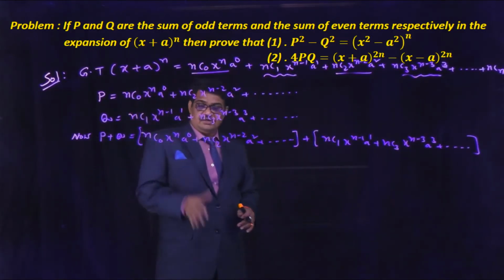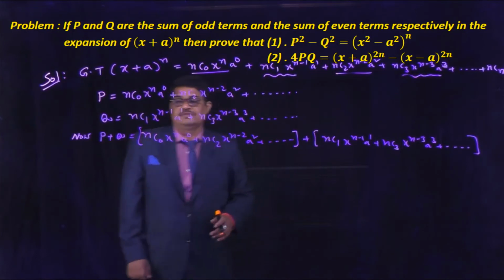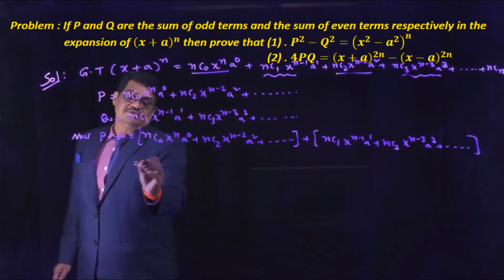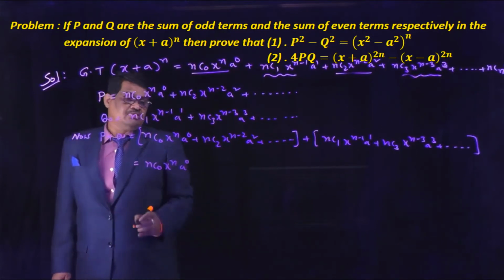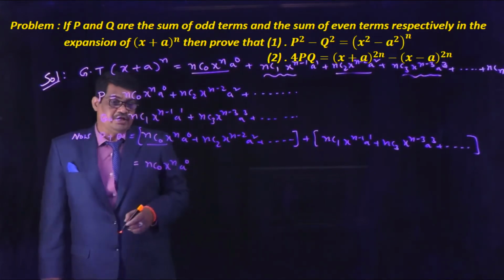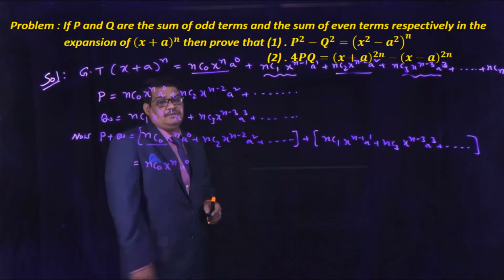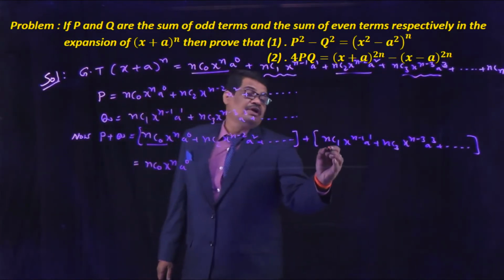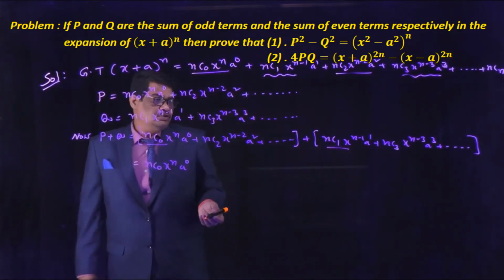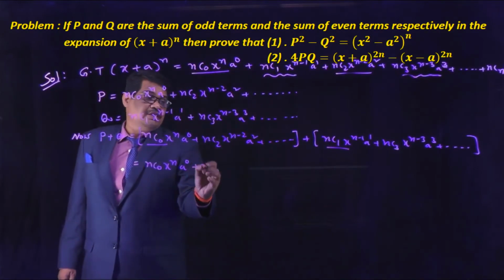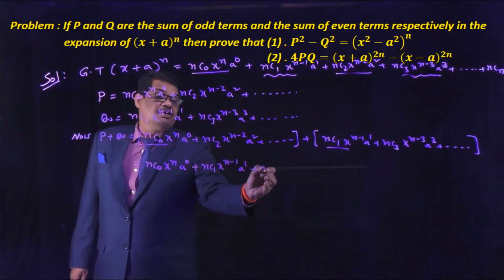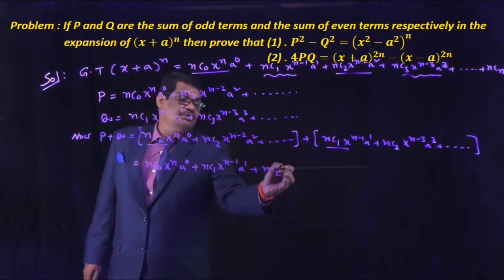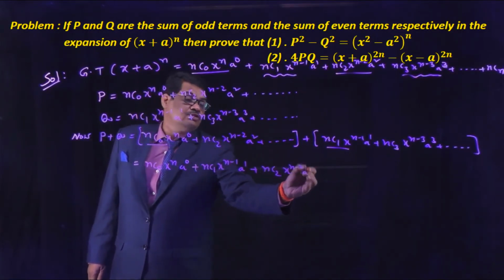Now we are writing the sum of P and Q. Here nC0 x^n a^0. This is the first term taken from P, and next we take the second term from Q, that is plus nC1 x^(n−1) a^1. Again we write nC2 x^(n−2) a².